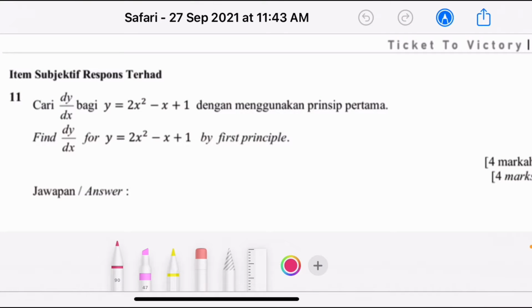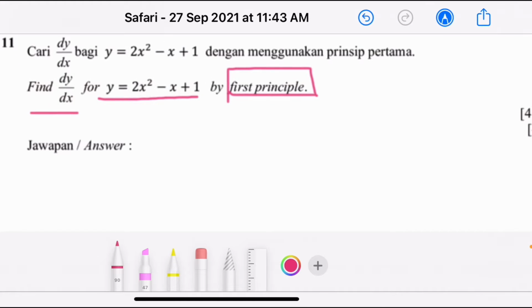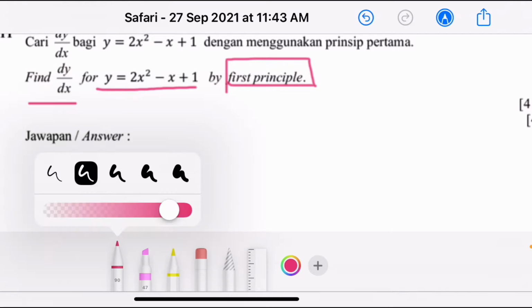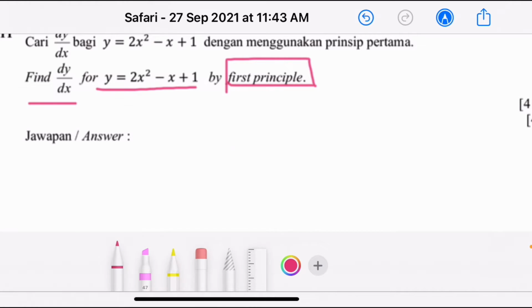Question 11. Find dy/dx for y equals 2x squared minus x plus 1 by first principle. So this one you need to memorize. In order to use the first principle, the first thing you must know is that you have to start from the function y.